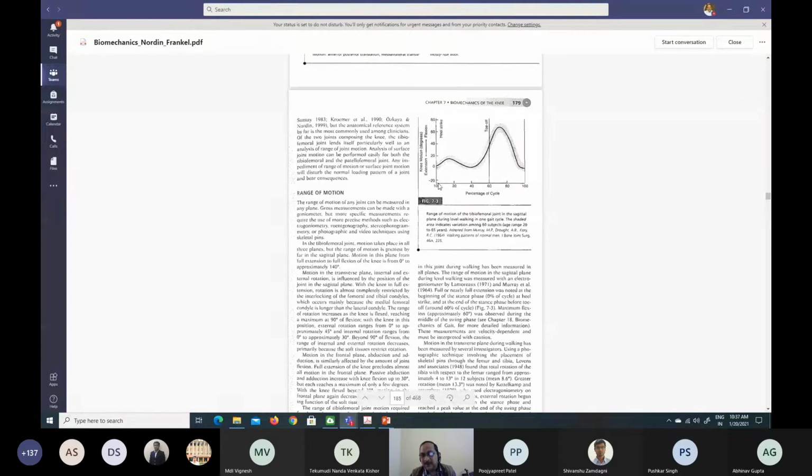This is an entire gait cycle. During this gait cycle, the variation of the degree of flexion and extension is plotted with respect to the percentage of the cycle, and you can see here that it reaches maximum flexion of about 90 degrees during the gait cycle.